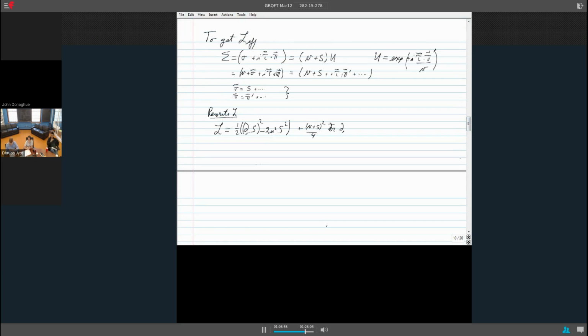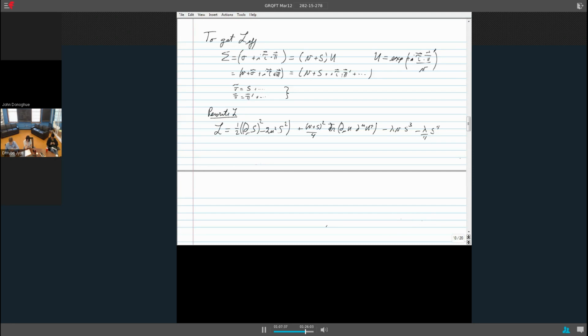So again, without any approximation, I'm going to rewrite the Lagrangian. The Lagrangian here is a half (d mu S) squared minus 2 mu squared S squared.